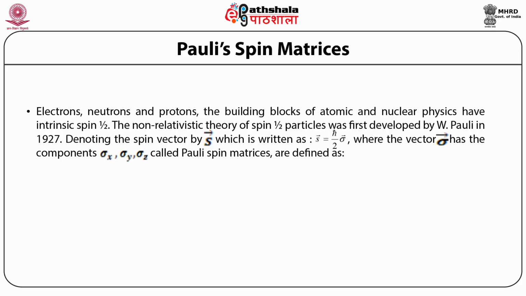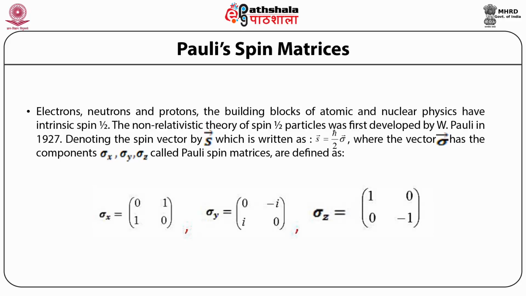That means that the components sigma x, sigma y, sigma z can be defined as sigma x is equal to matrix 0, 1, 1, 0, that is a 2 cross 2 matrix. Similarly, sigma y is also defined as a 2 cross 2 matrix given by matrix 0, minus iota, iota, 0, and sigma z is also a 2 cross 2 matrix given by matrix 1, 0, 0, and minus 1.